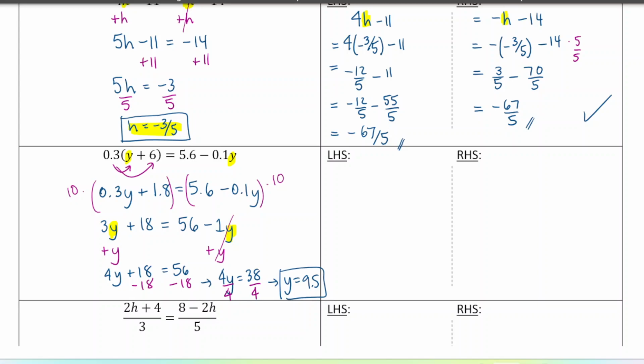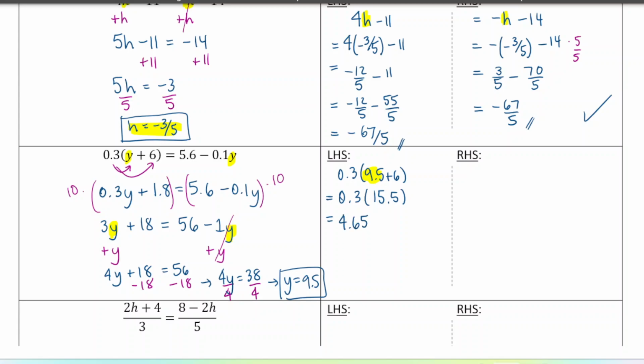Okay, let's go ahead and verify that that's true. Again, you can feel free to zoom ahead here and try this on your own. So I'm going to substitute 9.5 where the y is on the left-hand side of the equation and just evaluate it. So 0.3 times 15.5 is equal to 4.65.